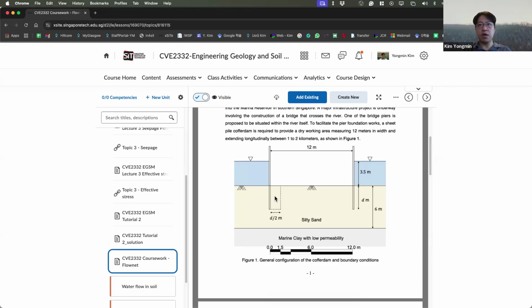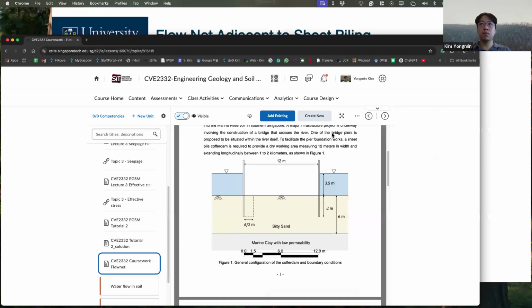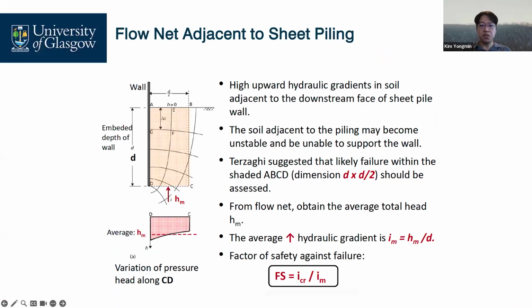So once you check on this area, whether quick conditions developed or not, it should be okay. So here, this is the way we could apply the quick condition to the flow net adjacent to the sheet pile because we expect high upward seepage pressure in the soil near downstream of the sheet pile. Water flows down and flows up.